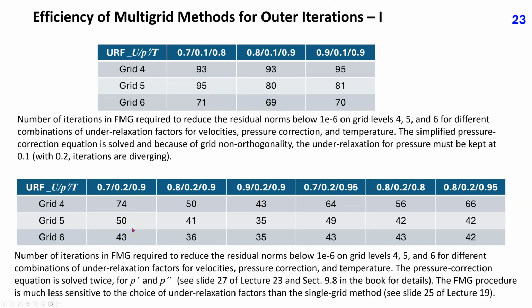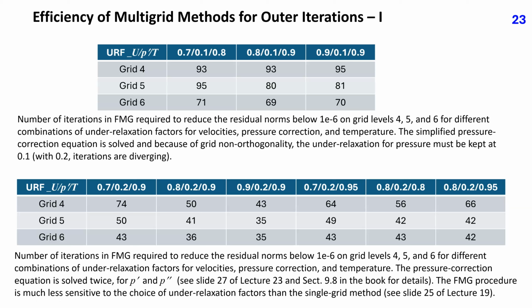The second table shows the number of iterations in full multigrid method required to reduce the residual norms below 10 to minus 6 on grid levels 4, 5, and 6 for different combinations of under-relaxation factors for velocities, pressure correction, and temperature when the pressure correction equation is solved twice, for P prime and P double prime.